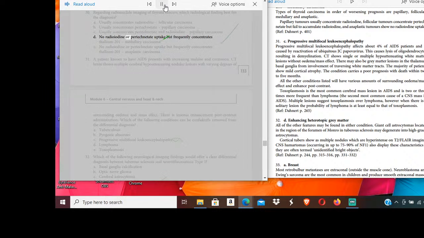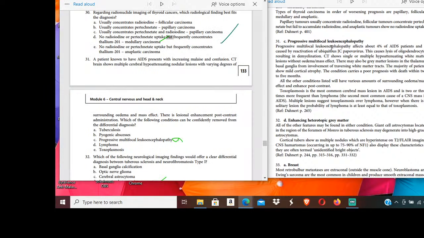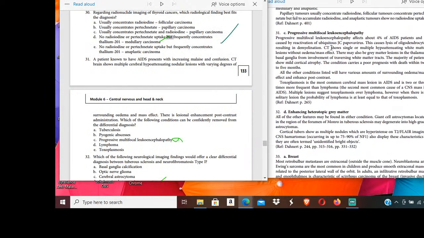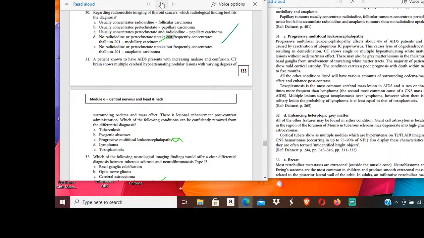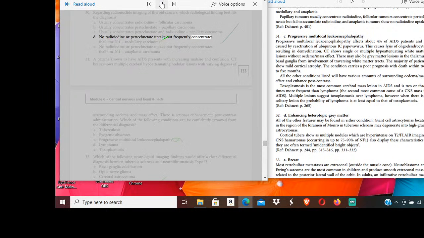D. No radioiodine or pertechnetate uptake but frequently concentrates thallium-201: medullary carcinoma. E. No radioiodine or pertechnetate uptake but frequently concentrates thallium-201: anaplastic carcinoma.